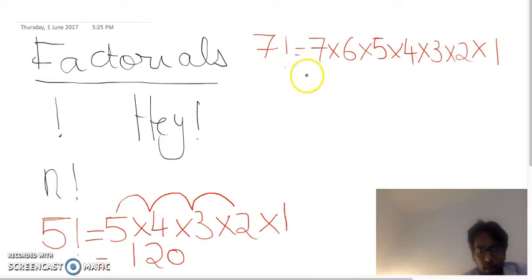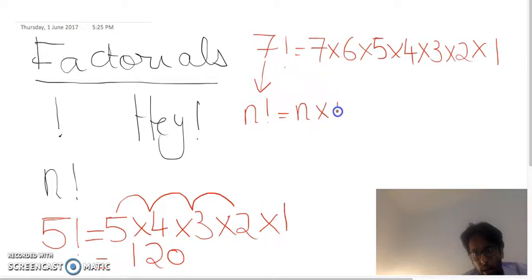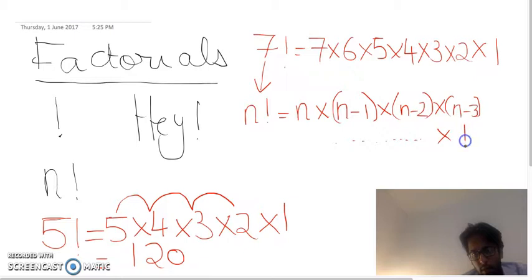As you can see, if we had to write this using a general notation in which the number was represented by n, that would be n times n minus 1 times n minus 2 times n minus 3 and so on till 1.